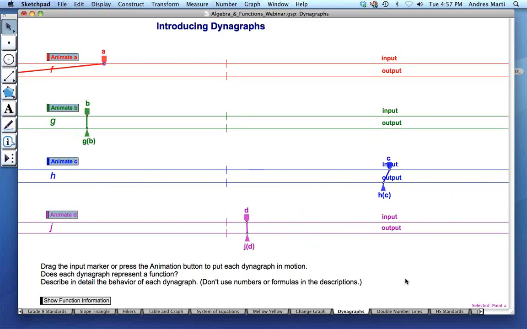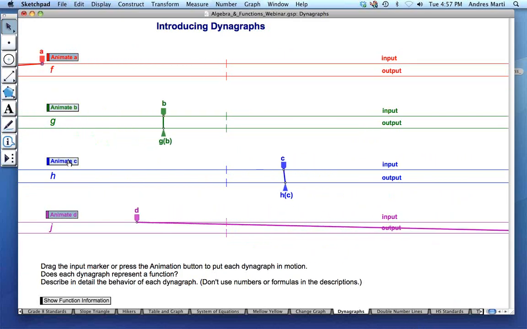Unlike, let me stop B and C for a second. If you look at A, f of A is moving at a constant speed. It's a faster speed than A, twice as fast in fact, but it's constant. And here, with D moving, right now you can see it's moving really fast, and then it slows down, and then it goes really fast backwards.